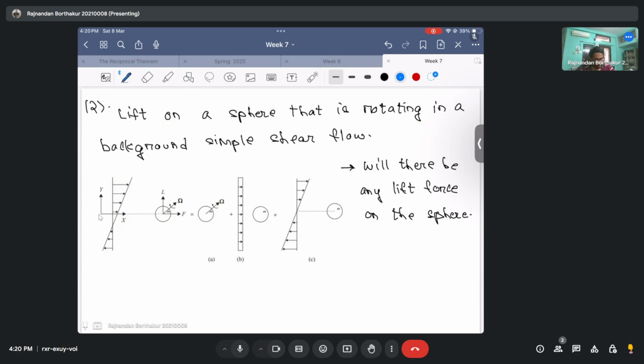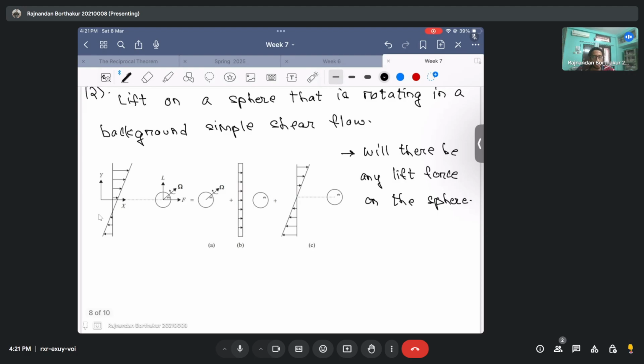Okay, all right. So again, this is simple, and the argument is the same: the linearity of the equations. Here is how we will put forward the argument. Because my creeping flow equations are linear, and we saw it multiple times, I can decompose the problem into two or many simpler problems.